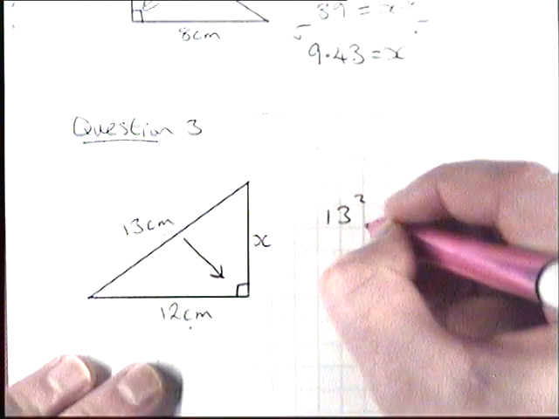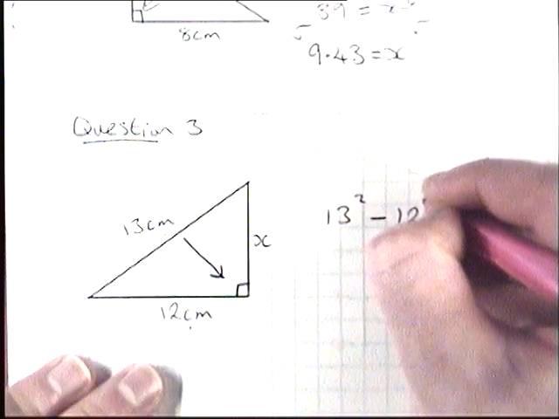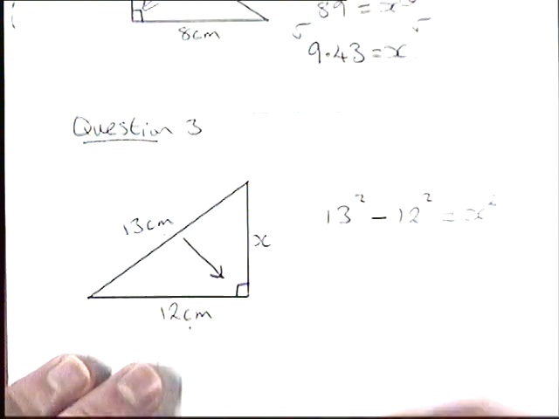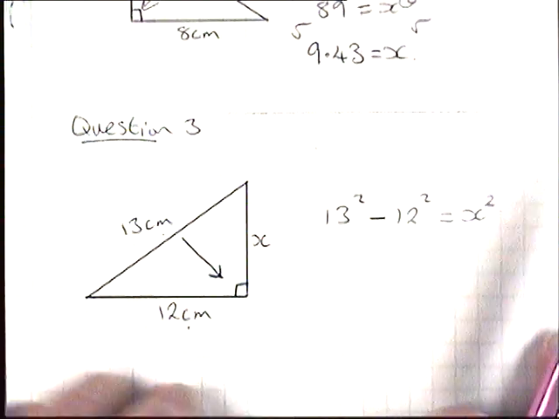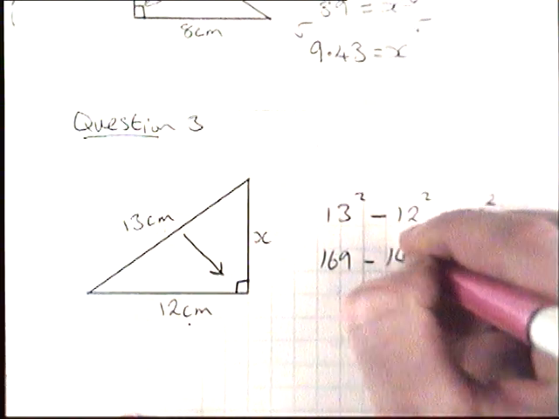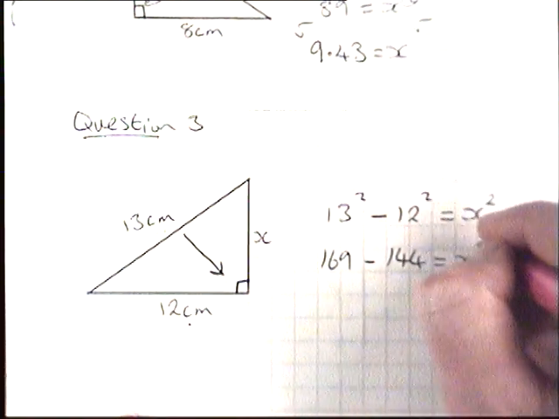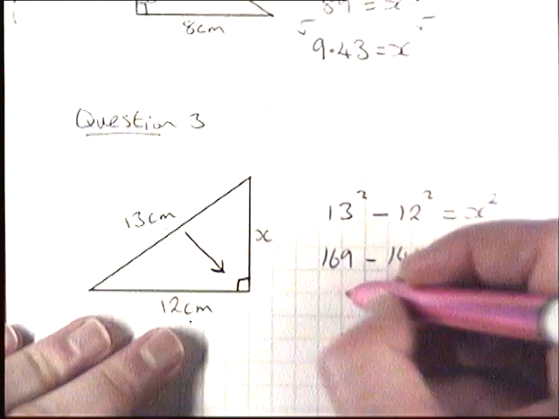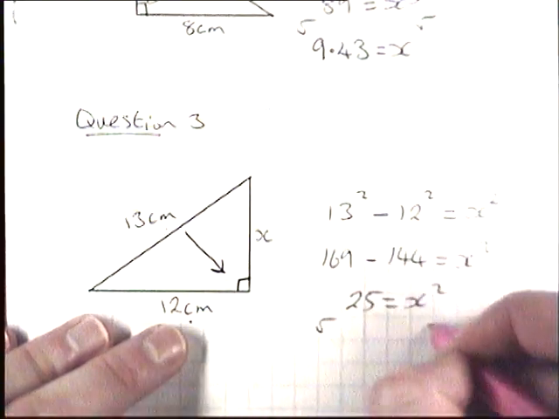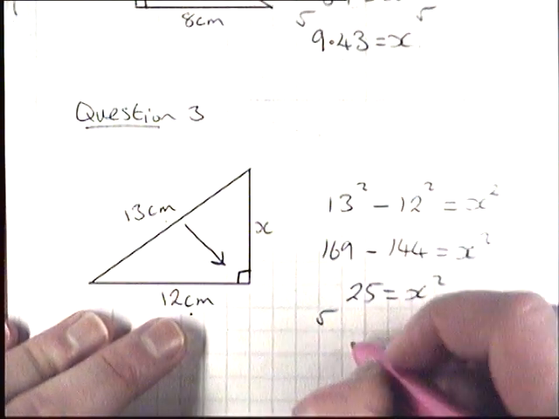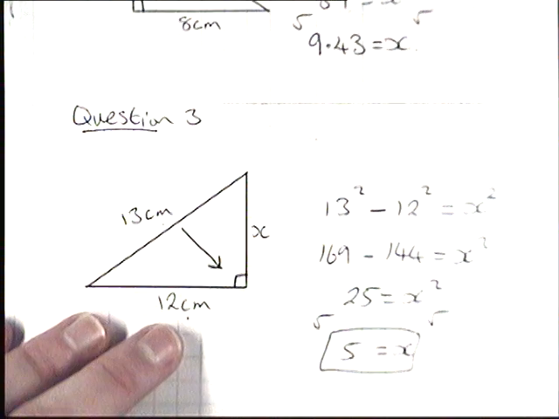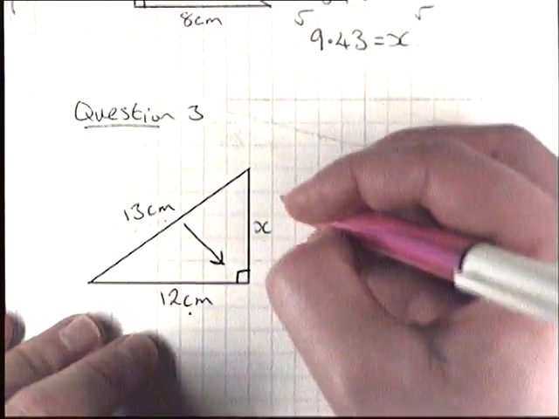We're going to have 13 squared minus 12 squared, which is still equal to x squared, the side that we're trying to find. So we've got 169 minus 144 equal to x squared. So 25 equals x squared. And again, square root both sides. So x equals 5 centimeters.